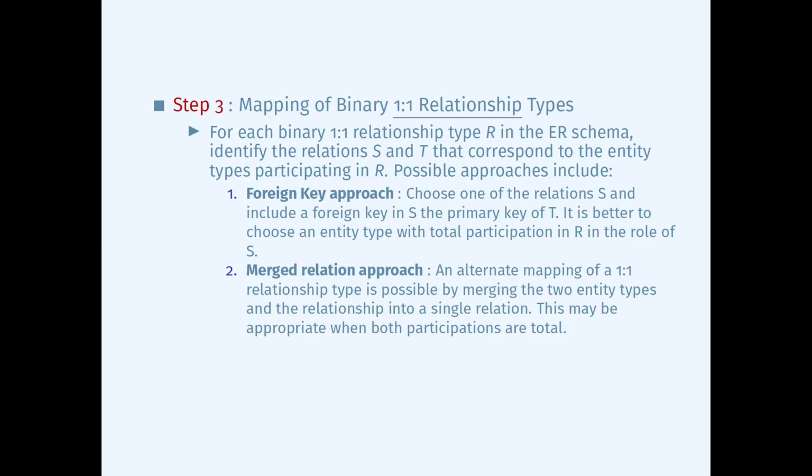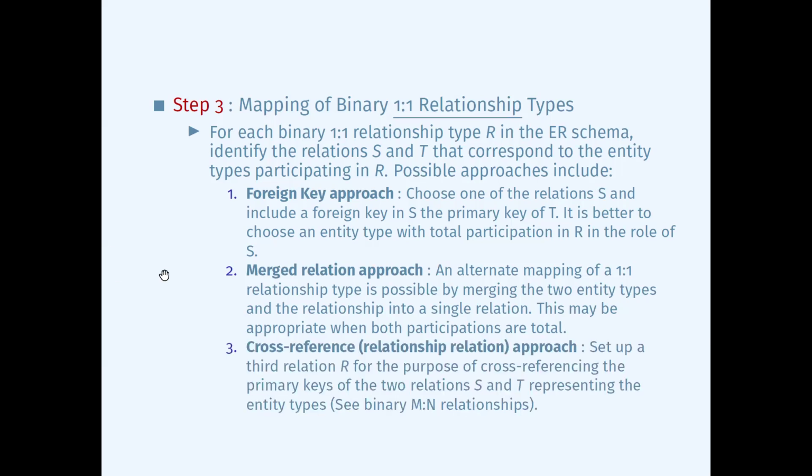If you have total participation on both ends, you can think of merging the relations. The third one is the cross-reference, or relationship relation, approach. So simply you can go for the foreign key approach, merged relation approach, or cross-reference approach.